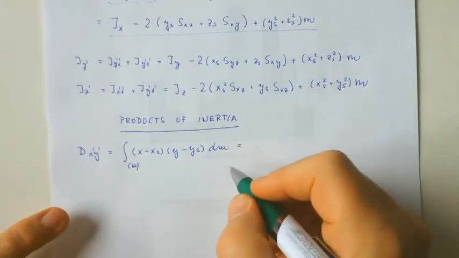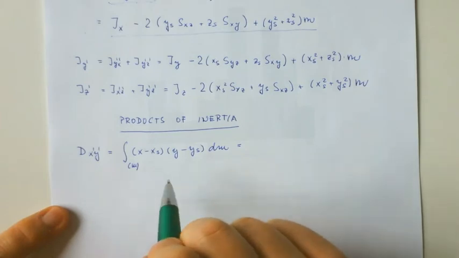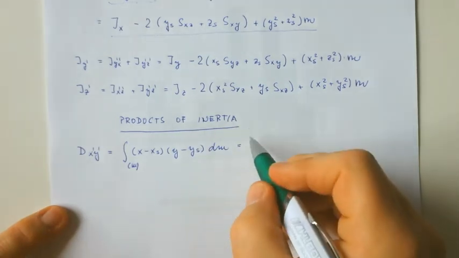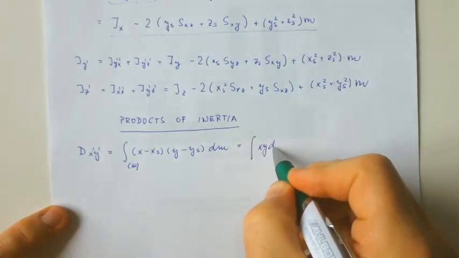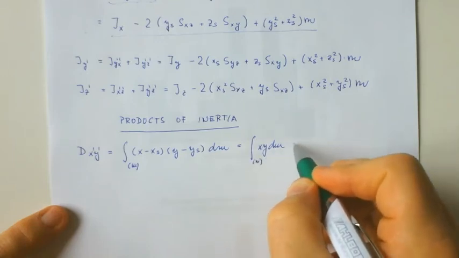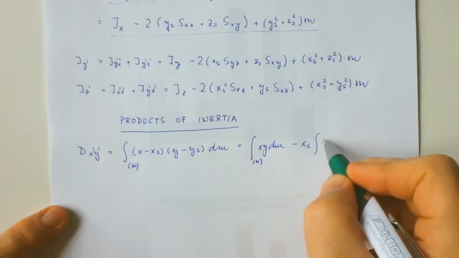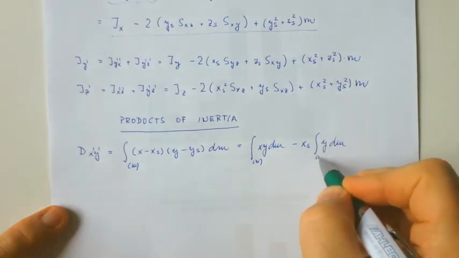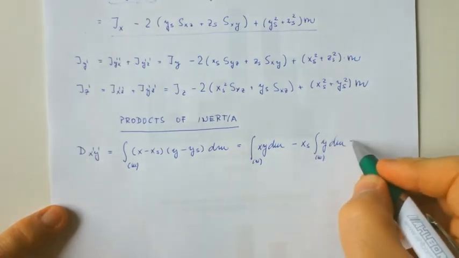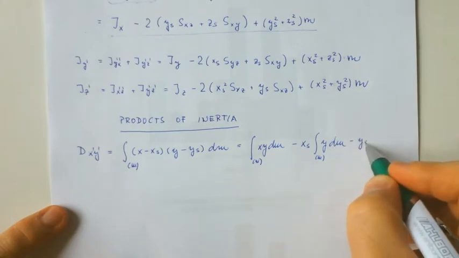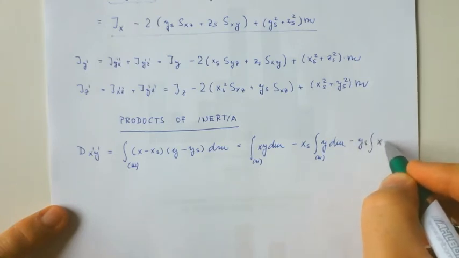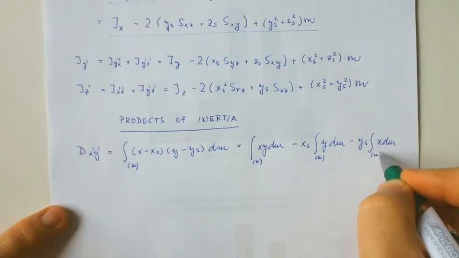And if we make this calculation, we get integral xy dm over m minus xs by integral y dm over m minus ys integral x dm over m.